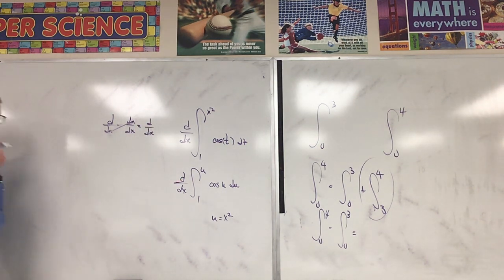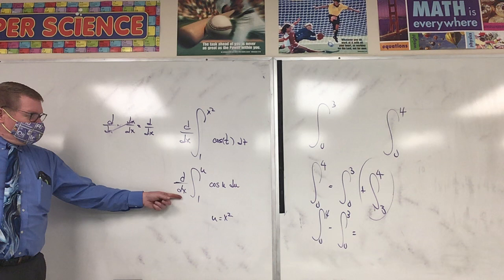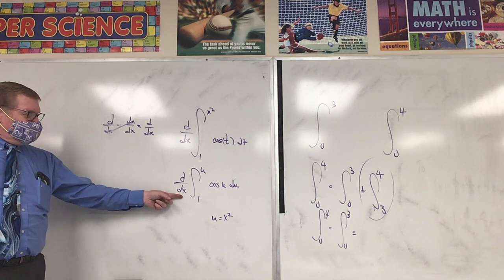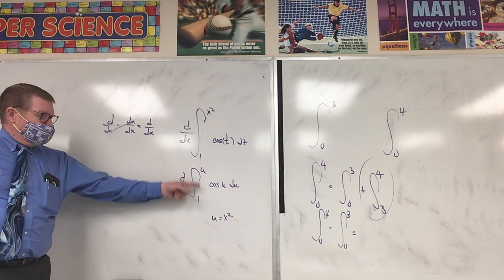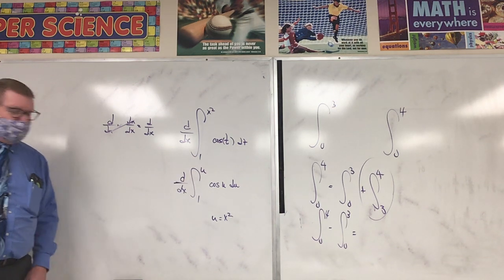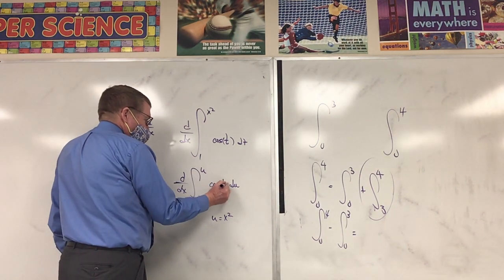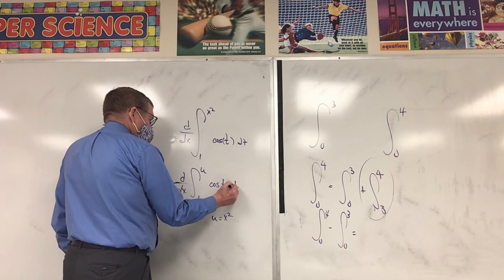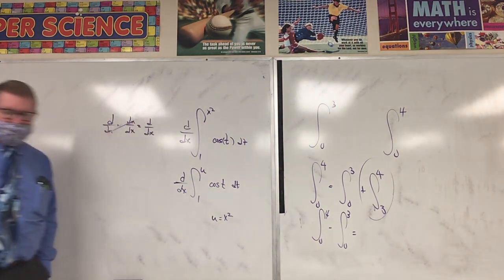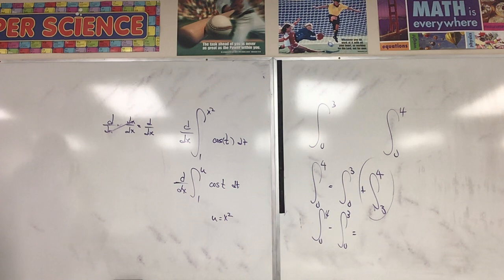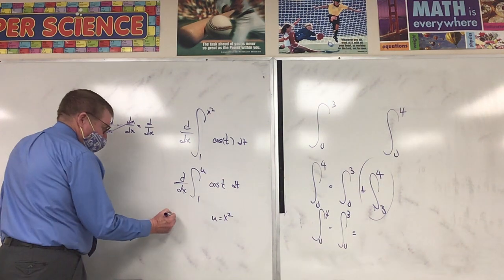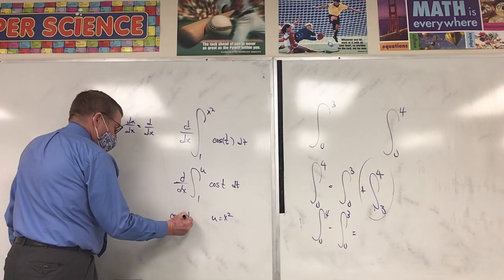I'm going to do the same thing here. What is d over dx of the integral from 1 to u of cosine t dt? It would be cosine u du.